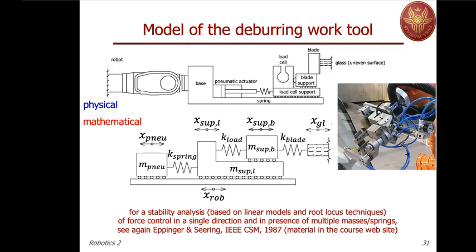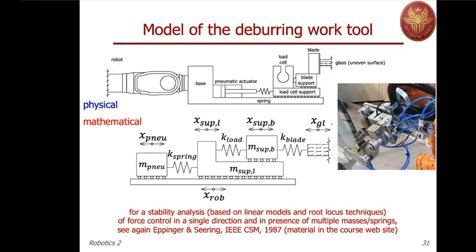You see the position of the various elements, the x of the glass surface, which may have some disturbance on top. You can simulate this, for instance, before realizing an experiment. There's a stiffness of the blade, there's a stiffness of the load cell, in fact. There's a stiffness of the spring present between the pneumatic actuator and the load cell.